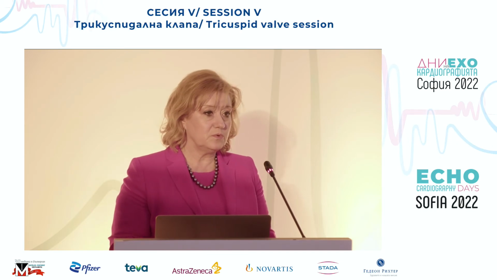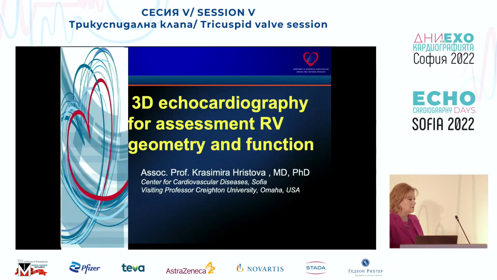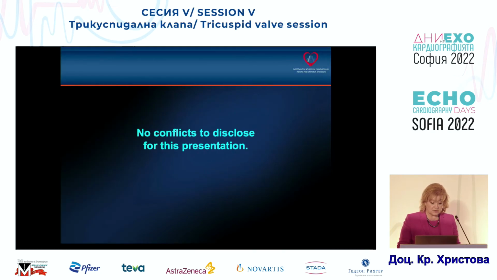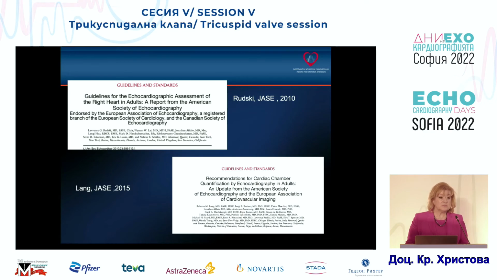Аз ще се спра само на оценката на ремоделираната дяснокамерна геометрия и функция и защо е толкова важно да се оценява. Вие видяхте превъзходните презентации на доктор Хан и на професор Замарано, които смятам, че няма нужда да повтарям. Последните гайдлайни, които са въз основа на оценката на дясната камера, са доста стари.